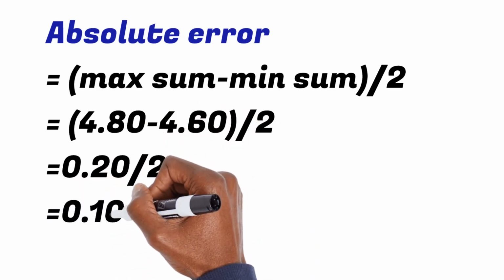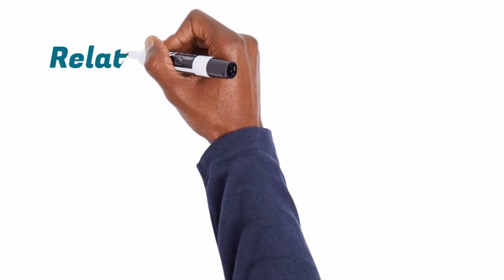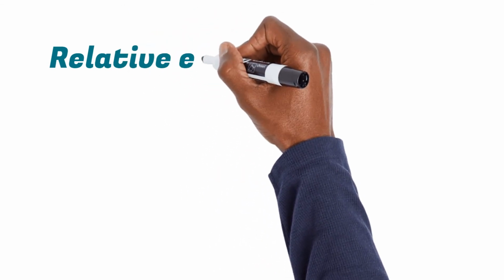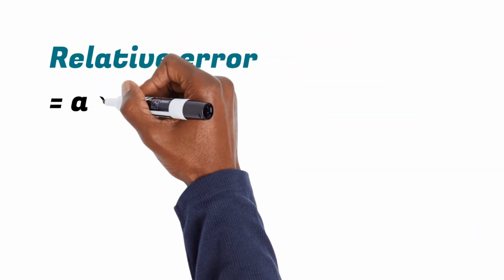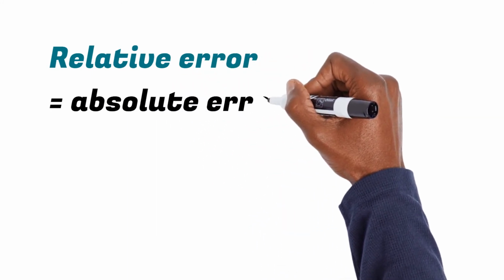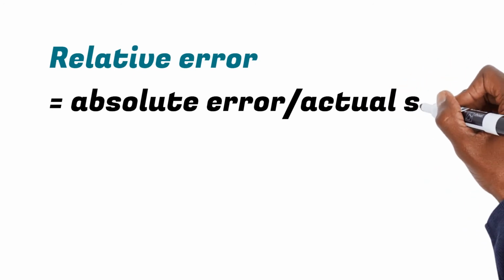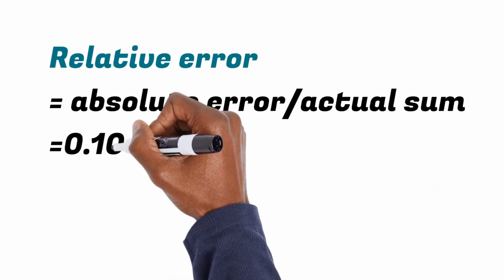This enables us to obtain the relative error as the absolute error divided by the actual sum, which is 0.10 mm divided by 4.70 mm. We end up with 0.0213.